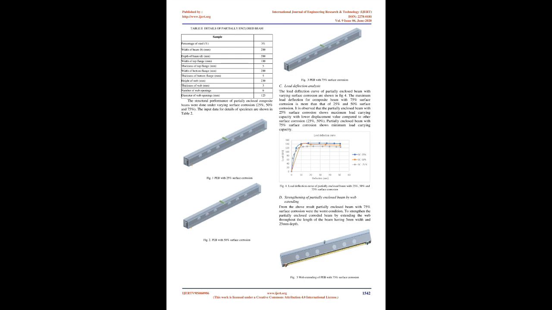5. Table 3 load deflection values. SL. No, max load, kN, deflection, mm. 1, PEB with 75% surface corrosion, 128.85, 22.841. 2, Web extended PEB with 75% surface corrosion, 133.51, 28.278.